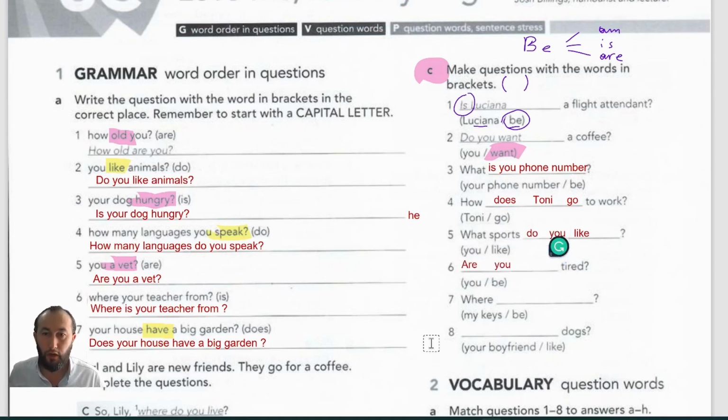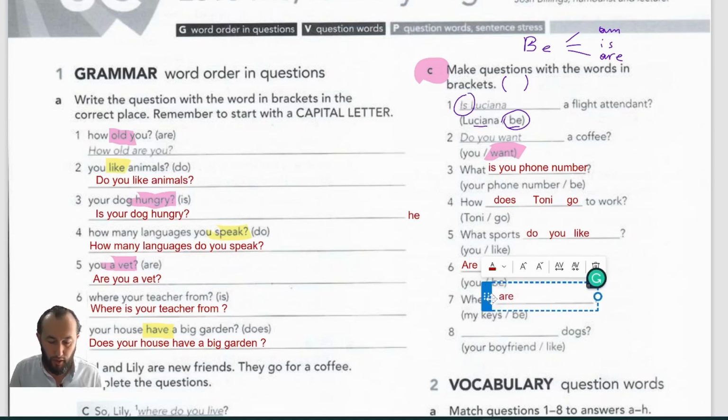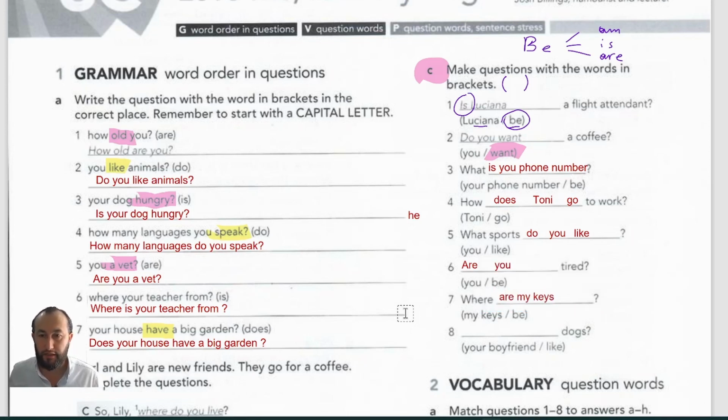Are you tired? Are you tired? 7, where my keys? So we're asking about keys. Keys is plural. So here, where are my keys? That's it. Where are my keys?